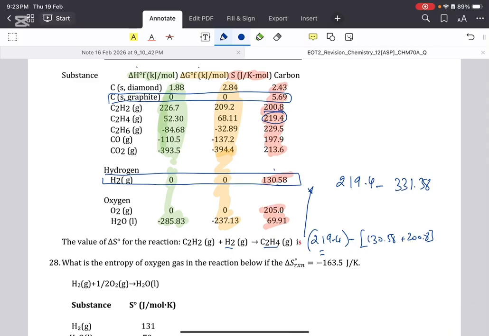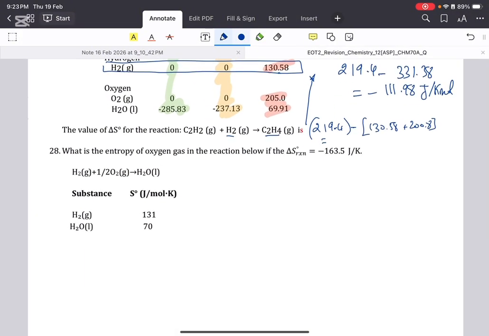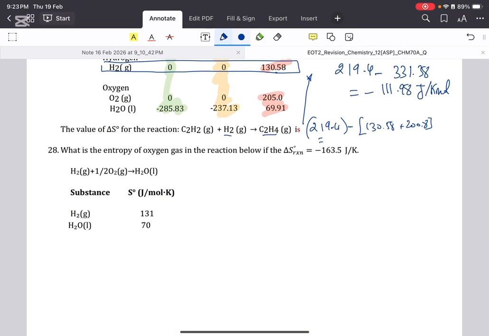So the answer is 219.4 minus 331.38. The answer is negative 111.98 joule per mole Kelvin. Okay, I think there's a mistake in the answer. In the answer key, they wrote it as positive. It should be negative. Now, what is the entropy of oxygen gas in the reaction below?